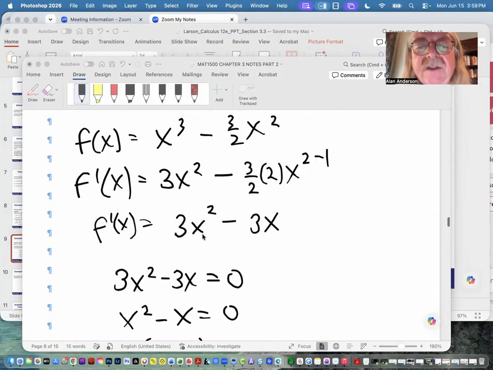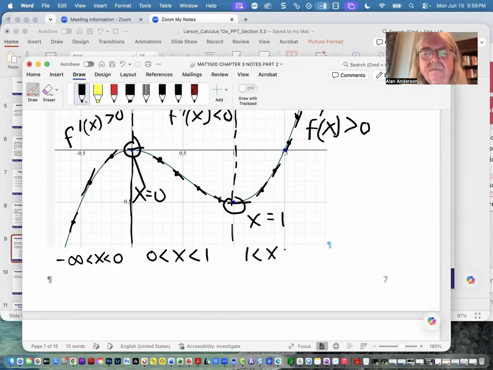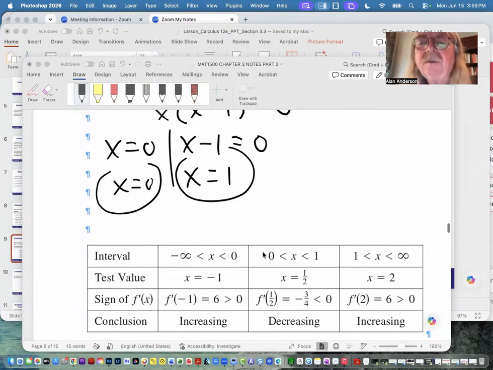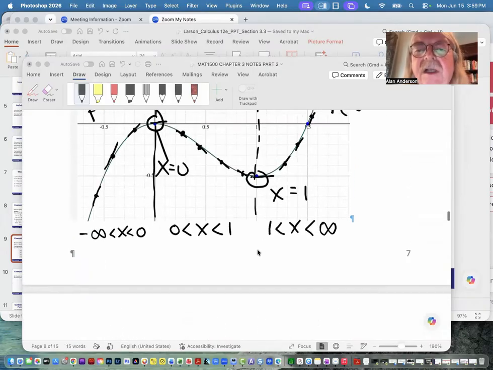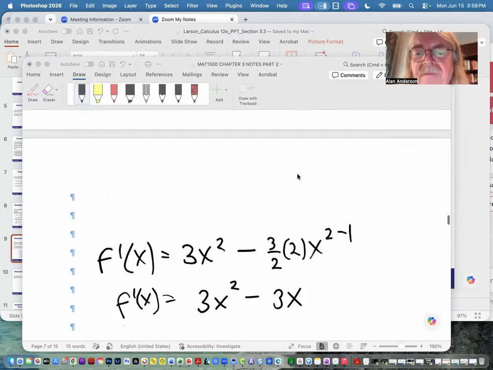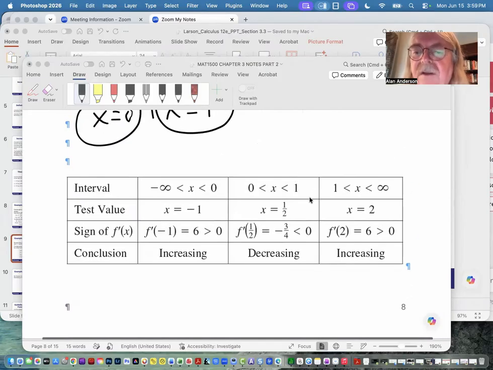And then when we reach 1, they will randomly pick the value 2, because we know that's clearly in the interval, and solve for the first derivative at x equals 2. And it proves to be positive. And so therefore, the function is increasing over that interval.